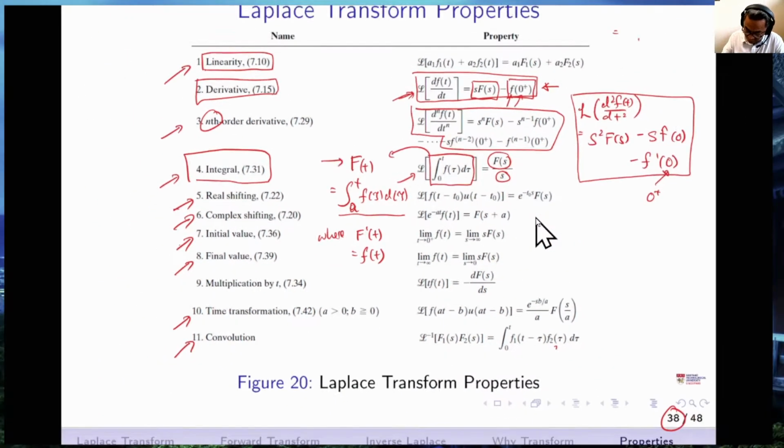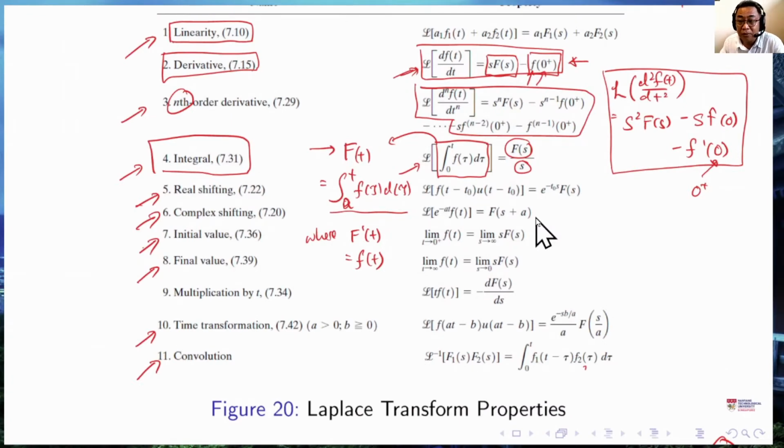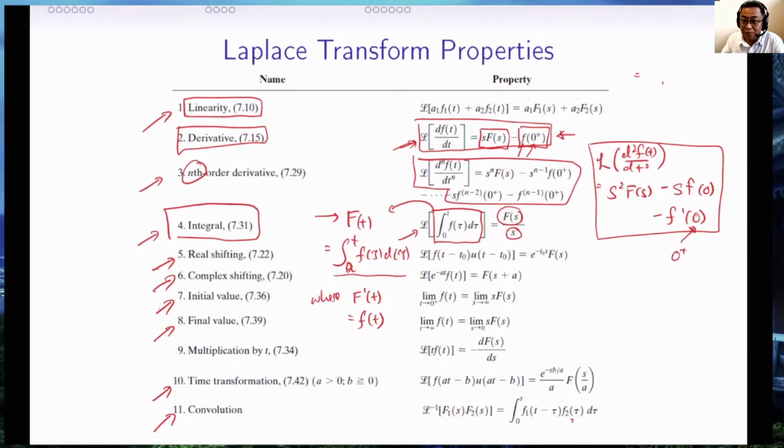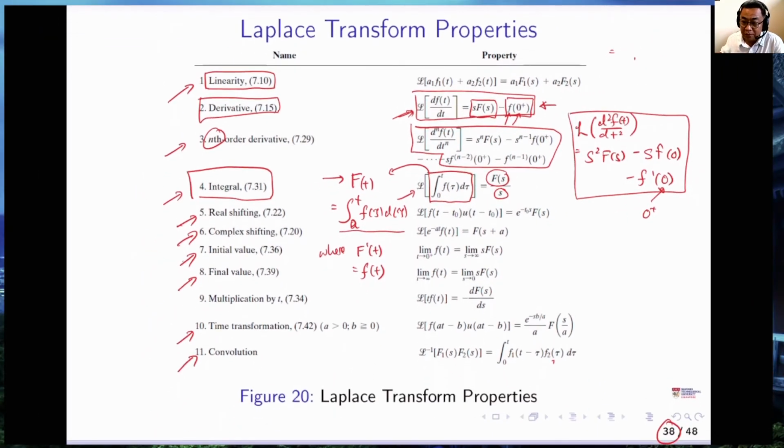So in fact, almost all. Okay, so just remember to copy down all this and use them in your cheat sheet. So with that, we are going to go through some of the properties and derive them in the next few slides.